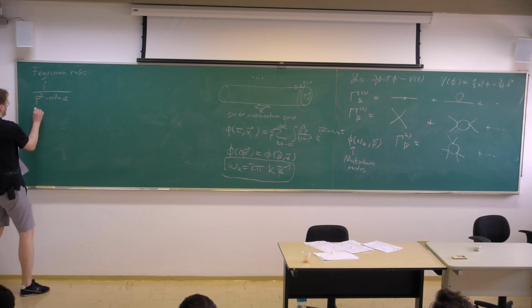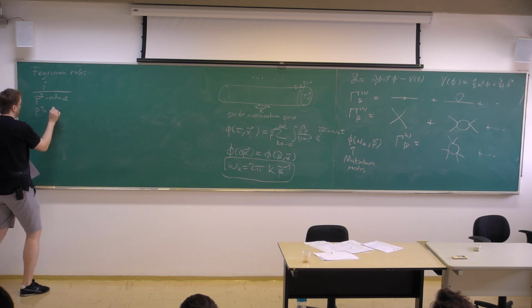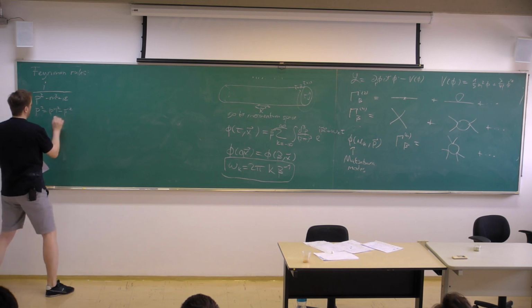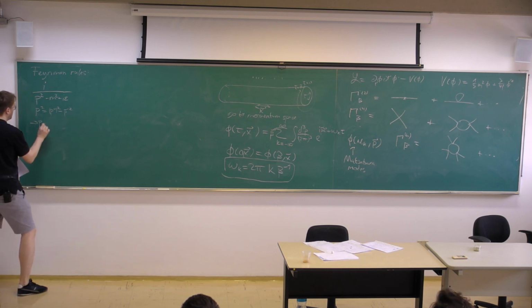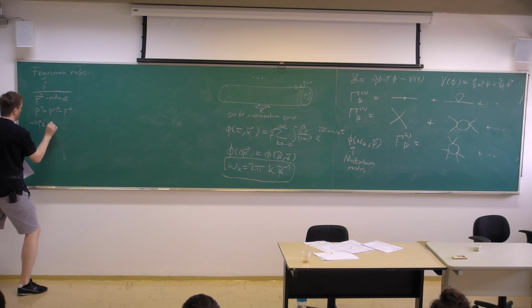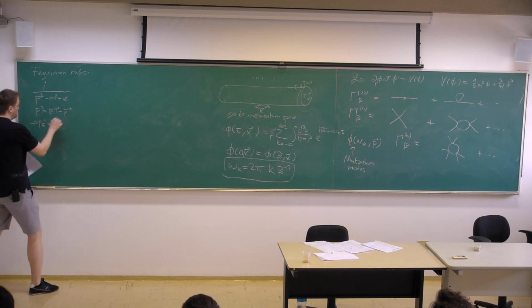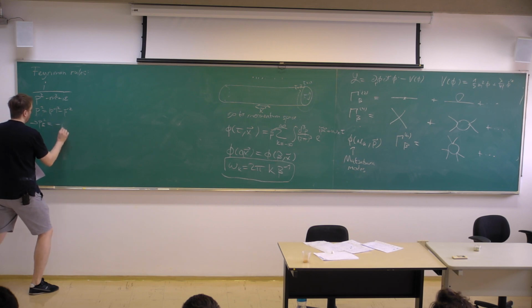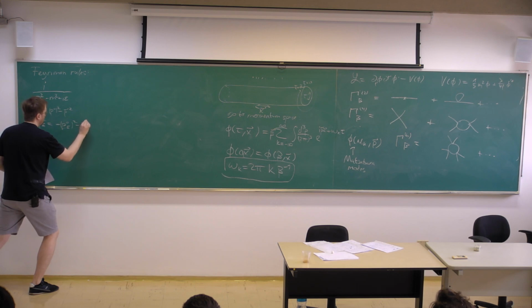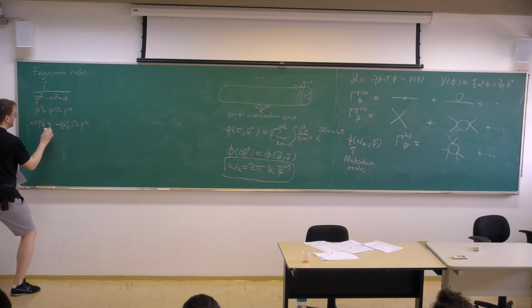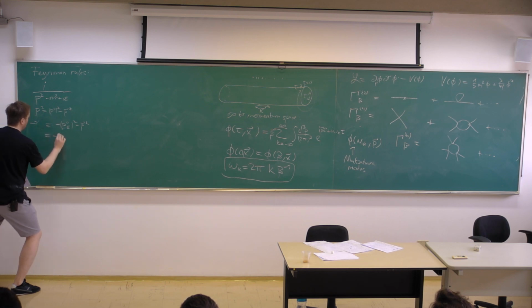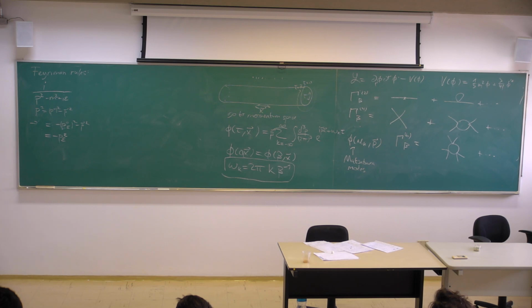P squared goes to, because I did the Wick rotation for the time direction, but to be consistent I also have to do it for the momentum direction, and I get, like for the usual Wick rotation, this, which is equal to minus the Euclidean momentum squared.